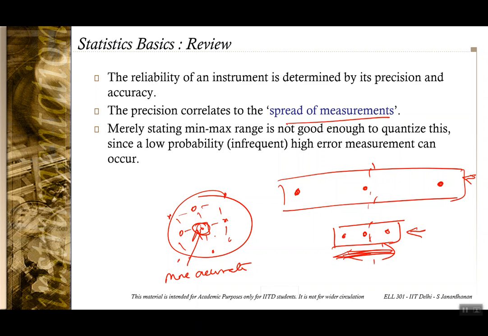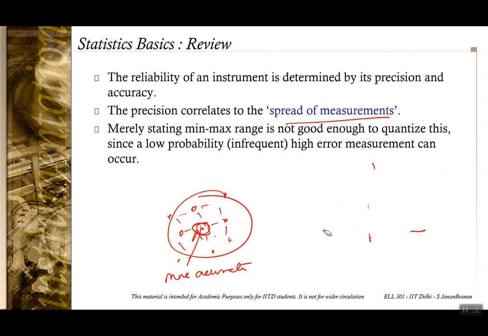Okay, because it is possible to have such a scenario. Let me put that in. It is possible that you have a set of measurements that look like this, and another set of measurements which look like this.